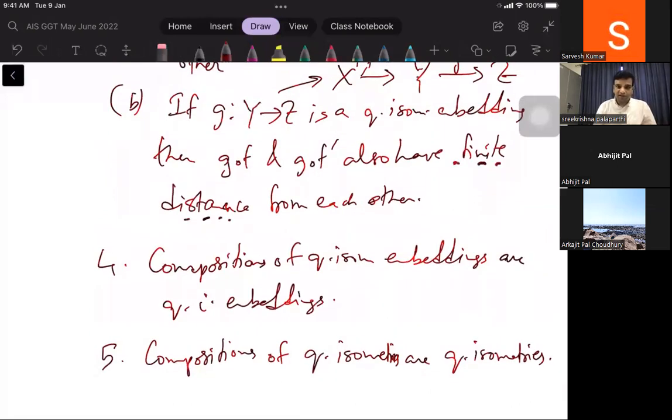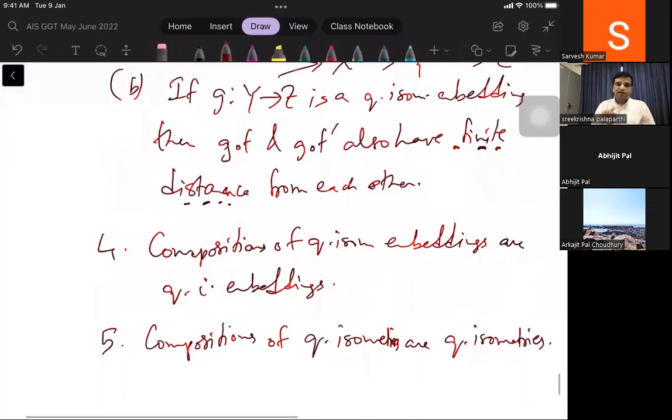One of the things that does not happen is that if X and Y are quasi isometric, you cannot go from X to Y and Y to X and expect to come back to the identity. Up to a finite distance, you come back to identity.